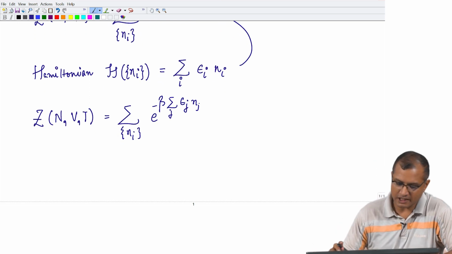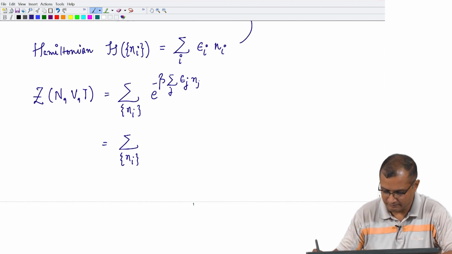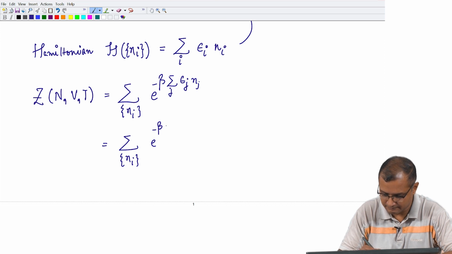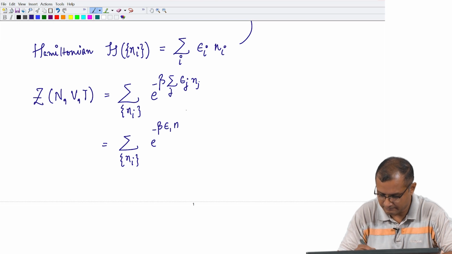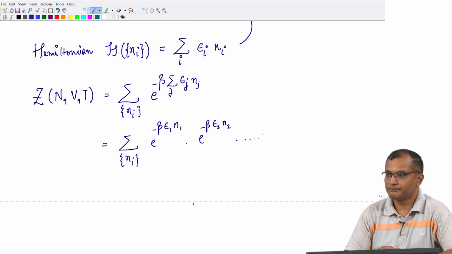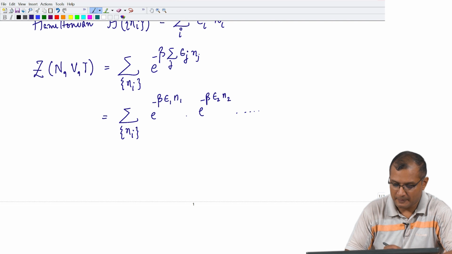Now, this can be written as e to the power minus beta. There are infinite terms here, but there is now a problem which becomes clear.